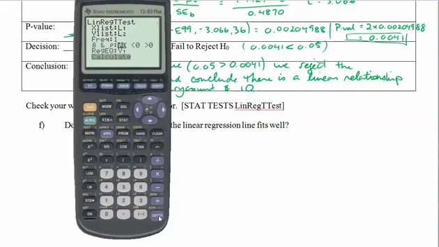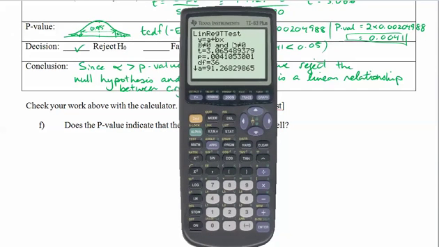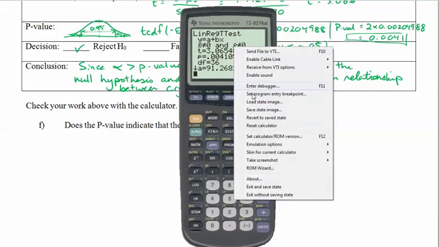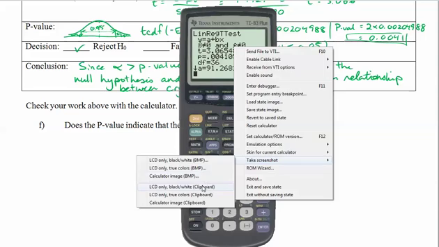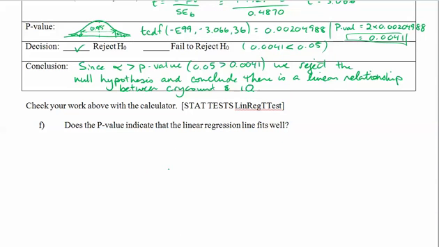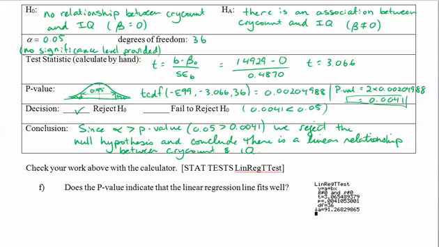So calculate, and here's our data. Okay, so from our data we can see that we get the same t-value, the same p, degrees of freedom. So yes, that does check out. So now you know you can do it on the calculator or by hand.